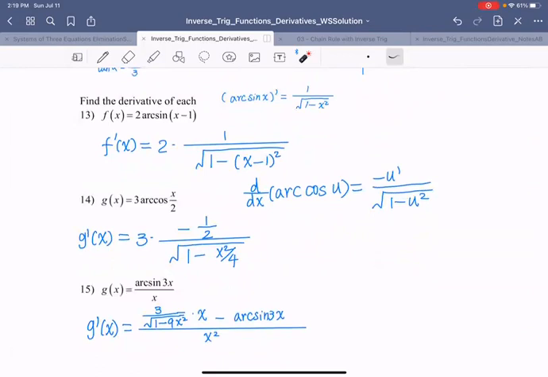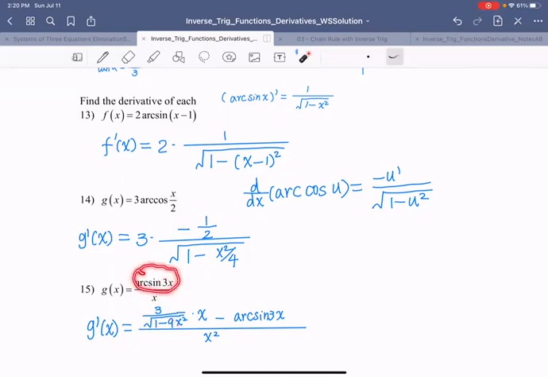We use a quotient rule. This guy's derivative is going to use this one, but the guy here is not x, it is 3x, so we have to use the chain rule. That guy's derivative is 3x's derivative, which is 3, divided by square root 1 minus 3x squared, which is 9x squared.